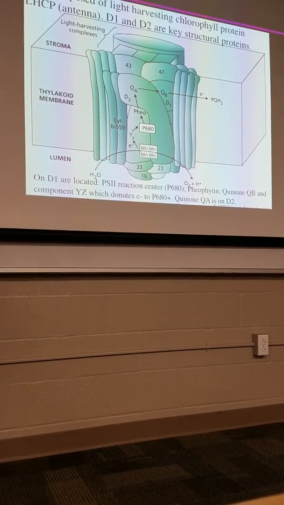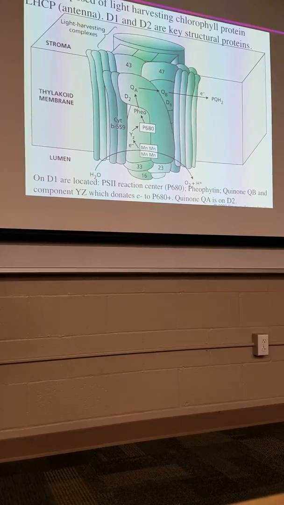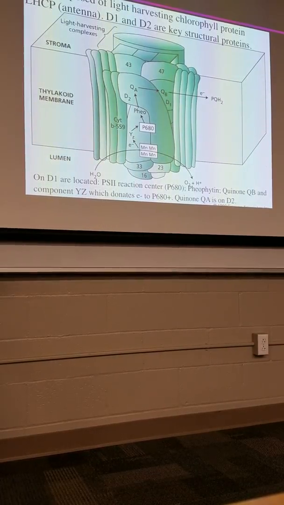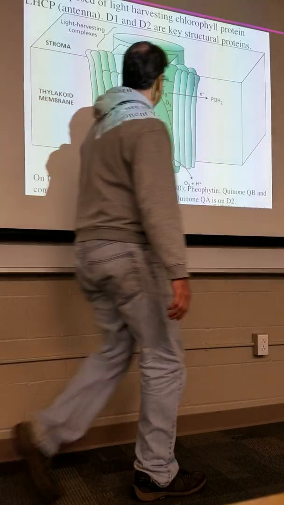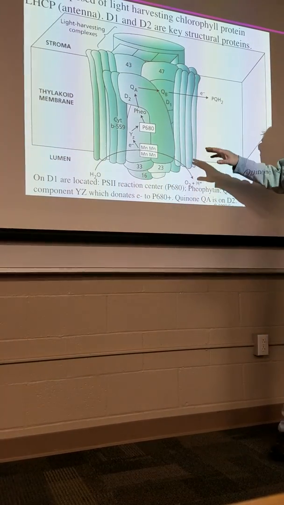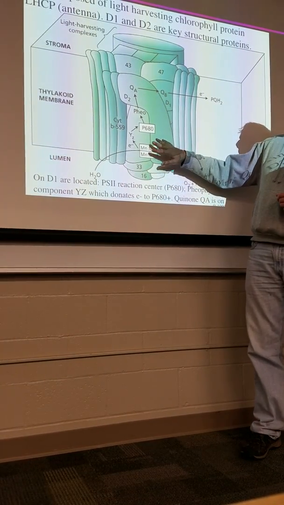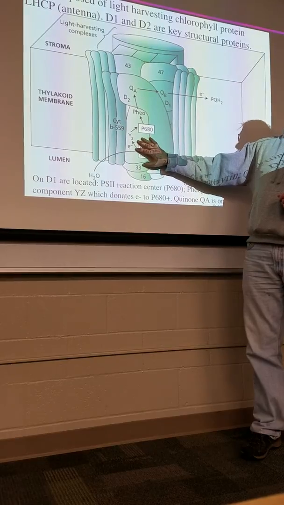And as most of you remember, the proton gradient that is set up by electron transport is utilized for ATP synthesis. We'll talk about this at the end of the day. Electrons come from water splitting.